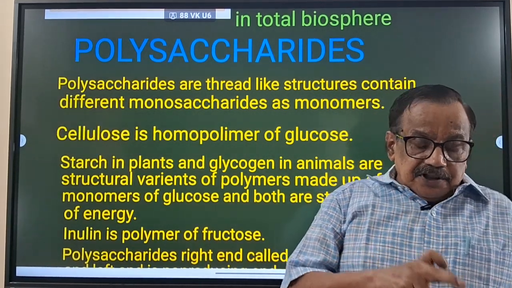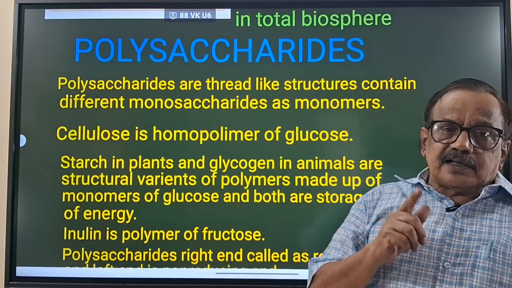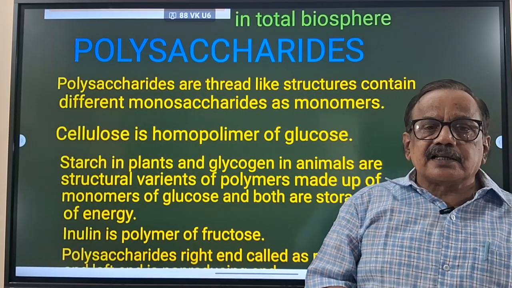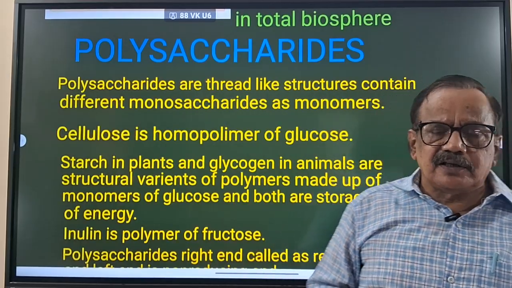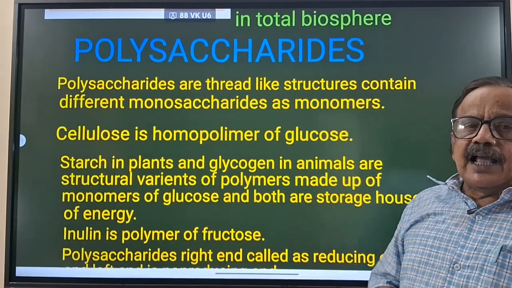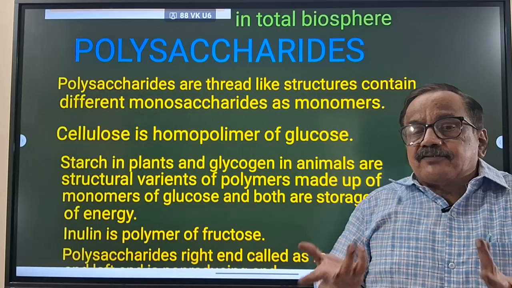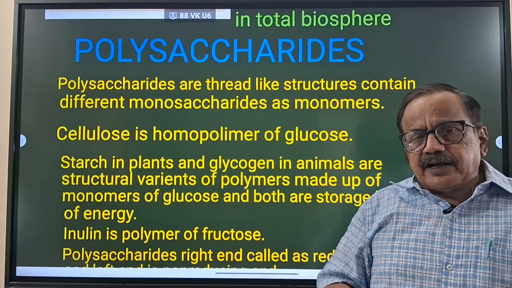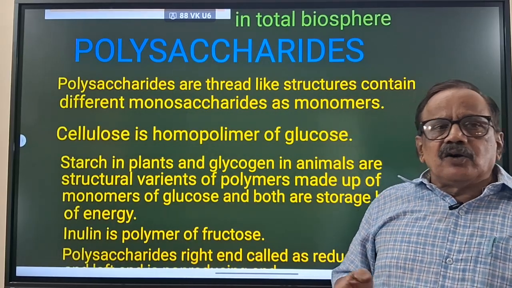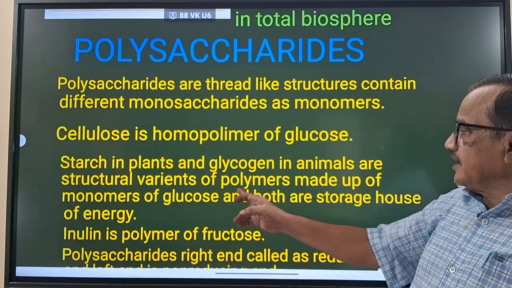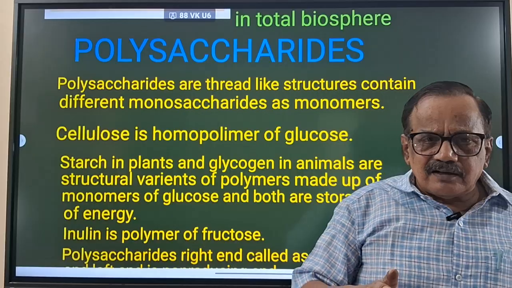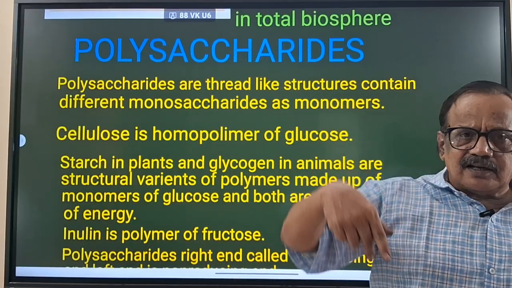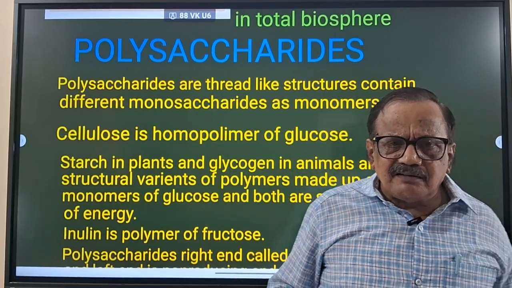Starch and glycogen are used for energy storage. What is the difference? All three are made up of glucose, and they vary only in structure. One is linear, one is helical, one is branched. That's all.